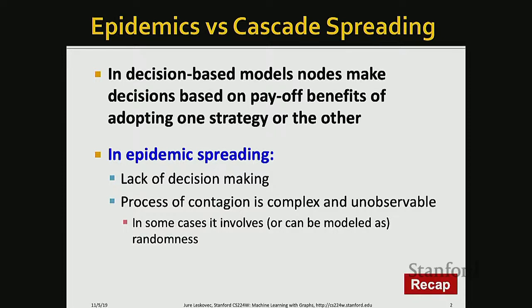Today we will work on a different type of model. It's not about decision making but more about the process of epidemic spreading, where a contagion, in some sense unobservable, spreads, and we model it as a random process over the network. Good examples are diseases and viral cascades in online and social media. That's essentially what we will be thinking about.